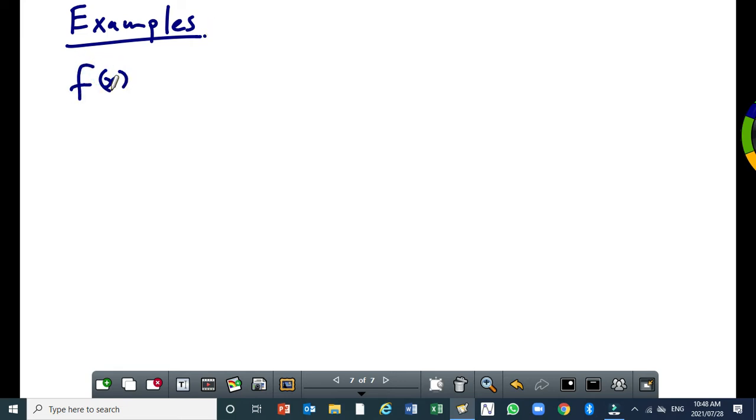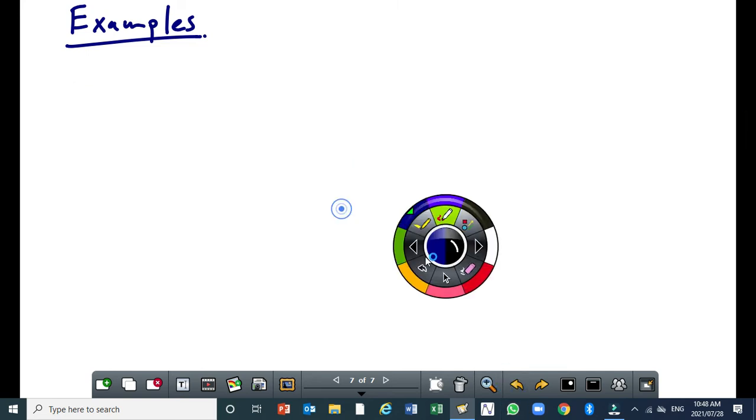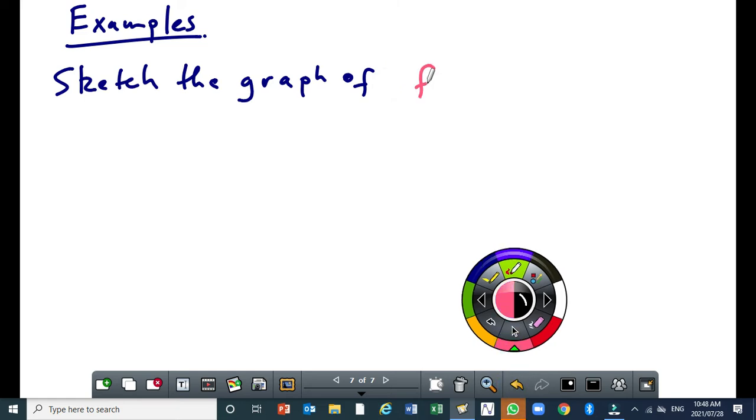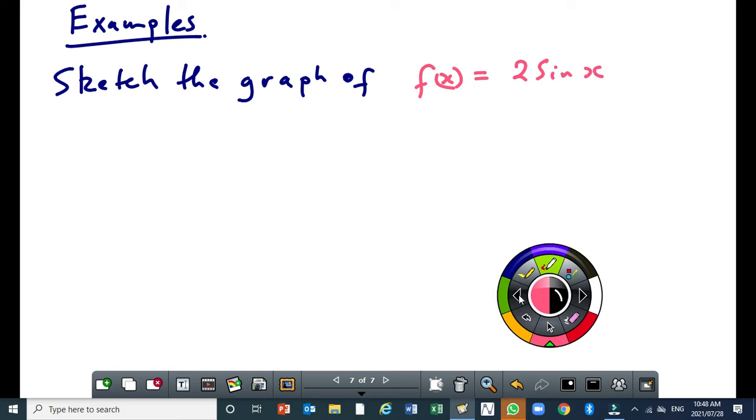All right, so for now, I'm going to use function notation. So let's sketch. Let's start with f of x equal to 2 sine x. Right, now 2 sine x is related to y equal to sine x.